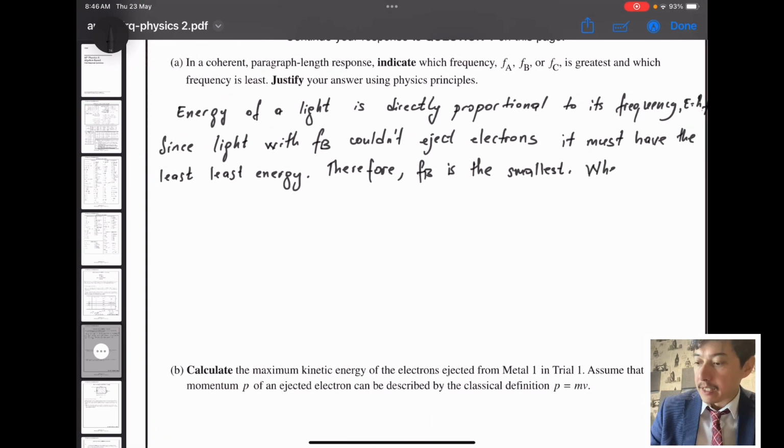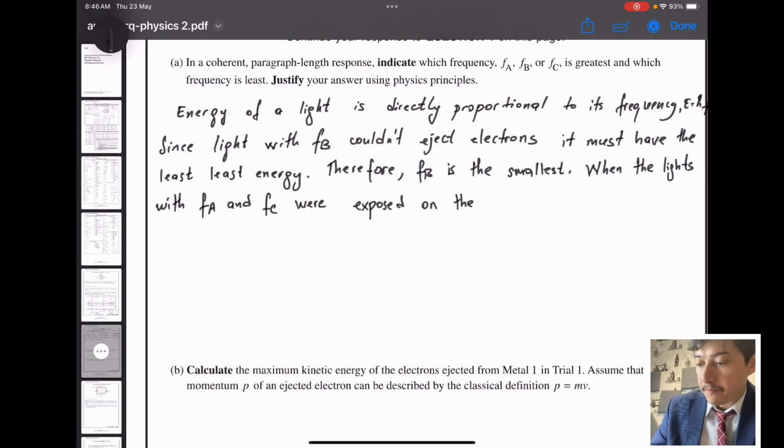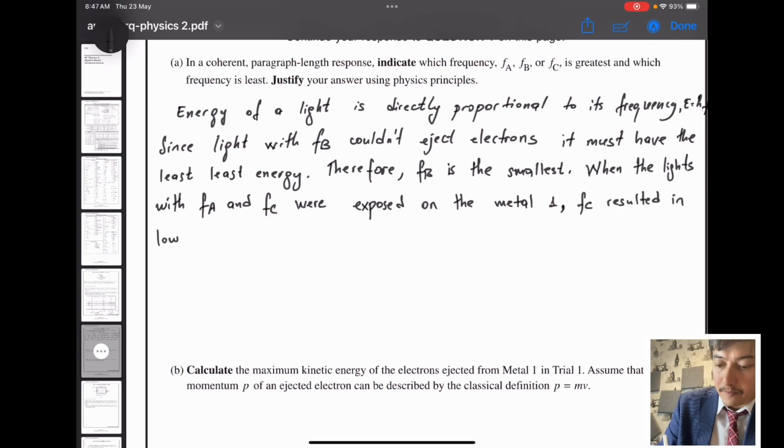So we can say when the lights with Fa and Fc were exposed on metal 1, Fc resulted in lower minimum de Broglie wavelength.